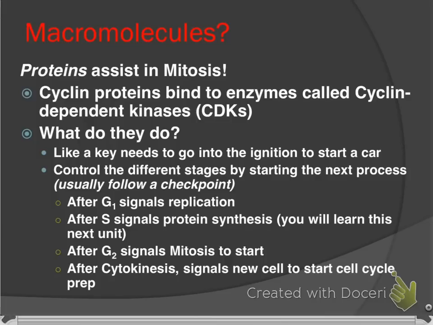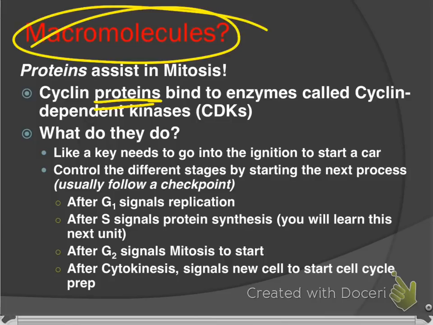And final thing, proteins assist in mitosis. So cyclin proteins, so here's your protein, it's a form of macromolecule, bind to enzymes, remember those, called cyclin-dependent kinases, so CDKs is what we're going to call them. It's just like a key that needs to go into the ignition to start a car. They control the next process. So this goes back to our checkpoints.